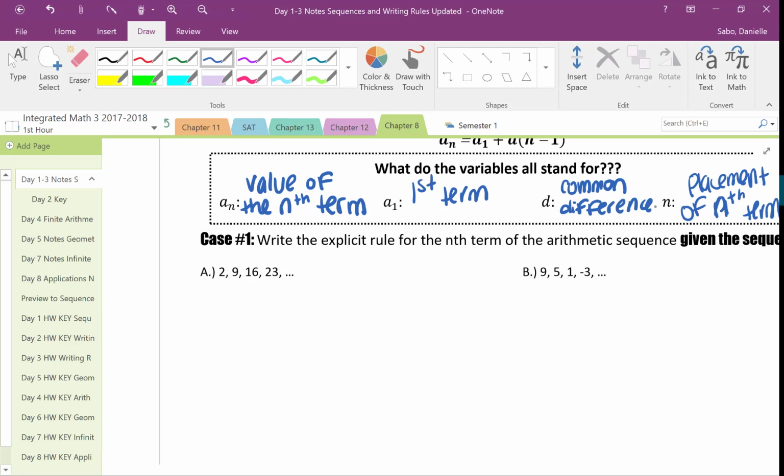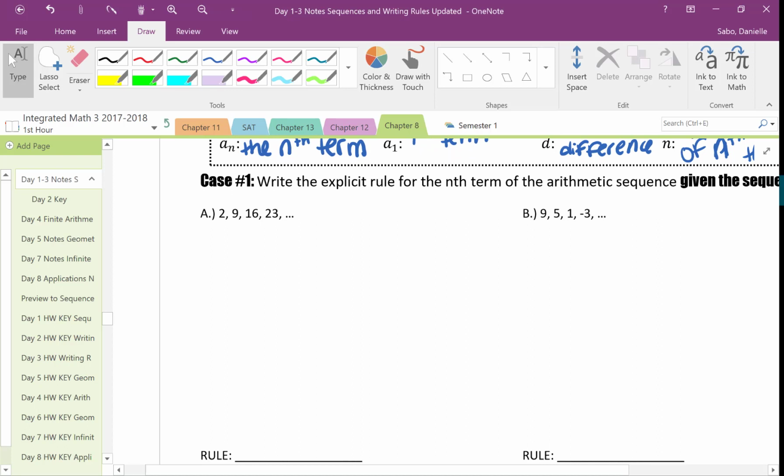Okay, write the explicit rule for the nth term of the arithmetic sequence given. So before we get started, I want you to take a minute and write down the formula that we're going to be using here based off if it's arithmetic or geometric. Oh, it says arithmetic. So write down the formula for arithmetic. Because I want you to keep writing it over and over again. I'll start you off, A sub n.